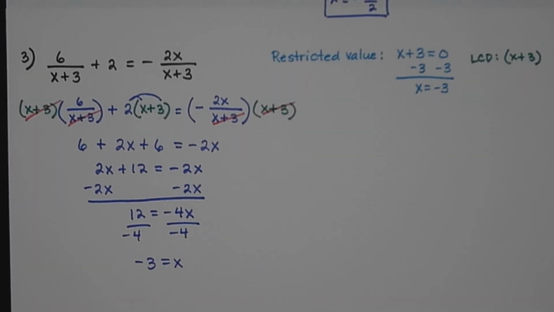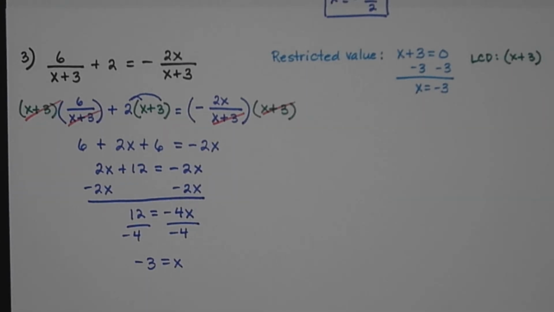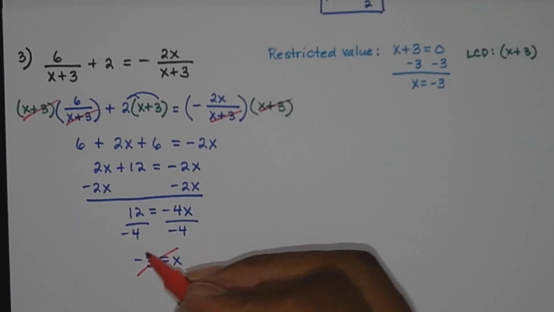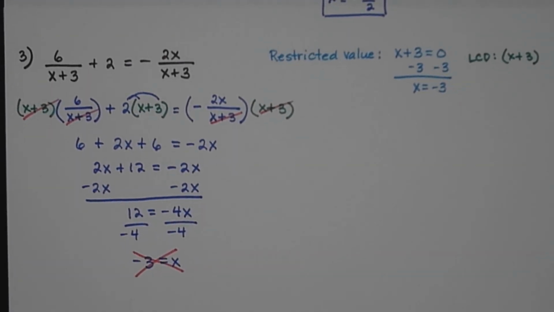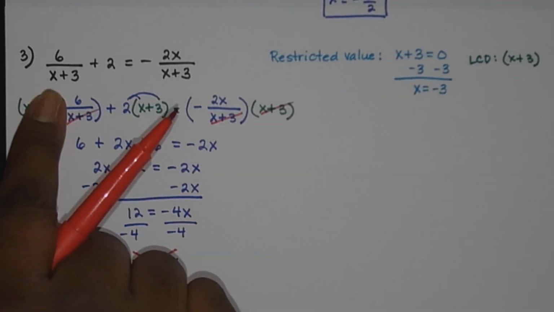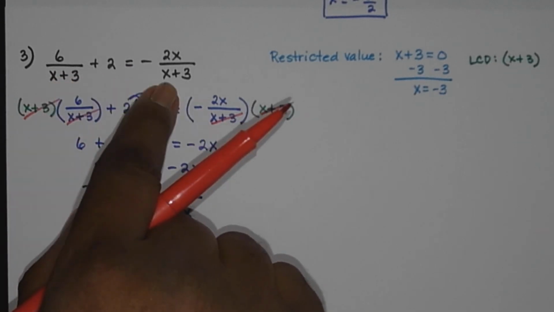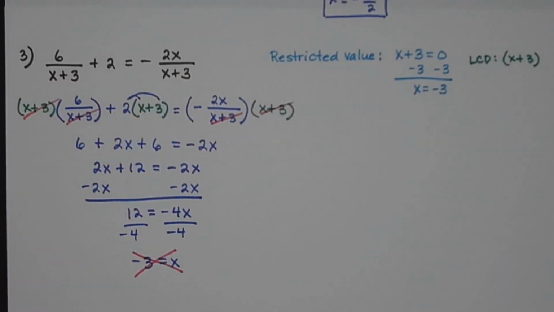Is x equal negative 3 my restricted value? Yes, it is. And when that happens, that means you have to exclude that restricted value. And by the way, if you were to check your proposed solution, you're going to find out that you're going to get a 0 in this denominator and a 0 in this denominator as well.